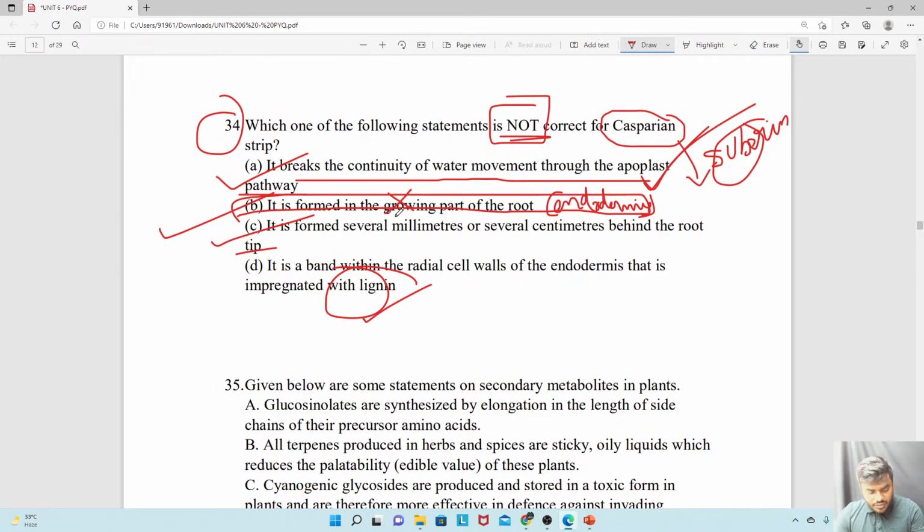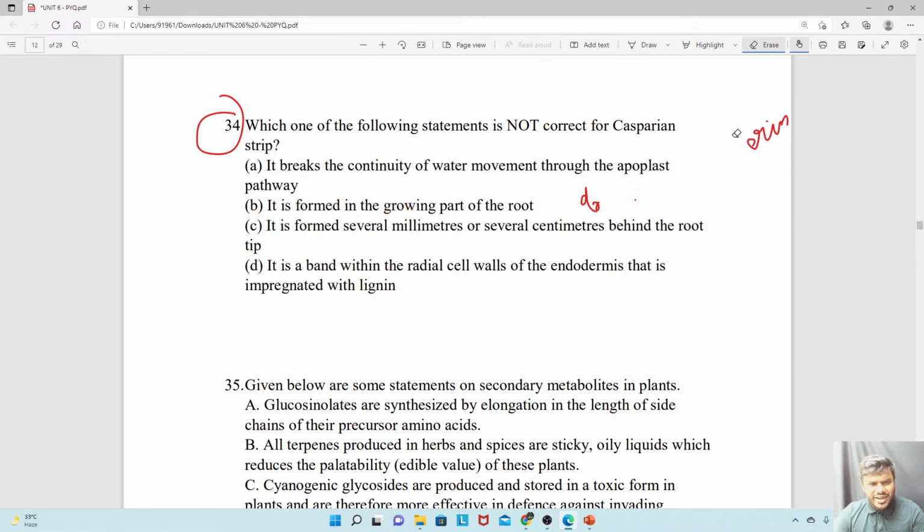Don't confuse. Correct dear, it breaks the apoplastic pathway. Right. This is the only wrong statement: it is formed in the growing part of the root. See, the Casparian strip is actually present on the endodermis. In the chapter also I told you, because of the Casparian strip, the apoplastic pathway is skipped, and once again water molecules re-enter into the symplastic pathway.